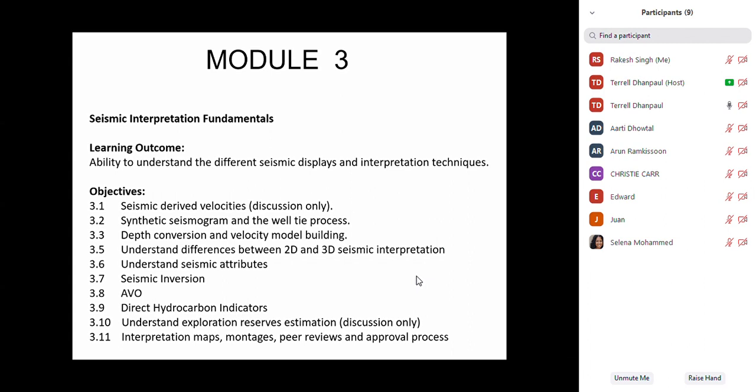All of these are under the heading of quantitative interpretation. So what you're doing is basically using some equations and values to help you ascertain the reservoir characteristics. Okay, you're trying to understand what the seismic data is telling you, right?